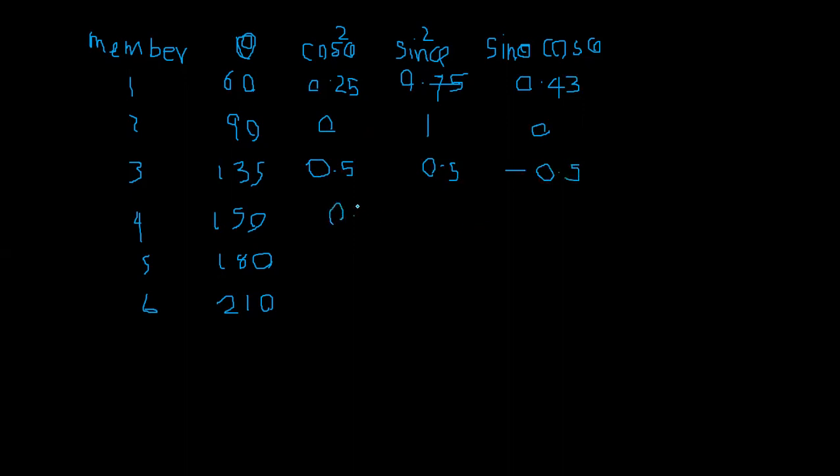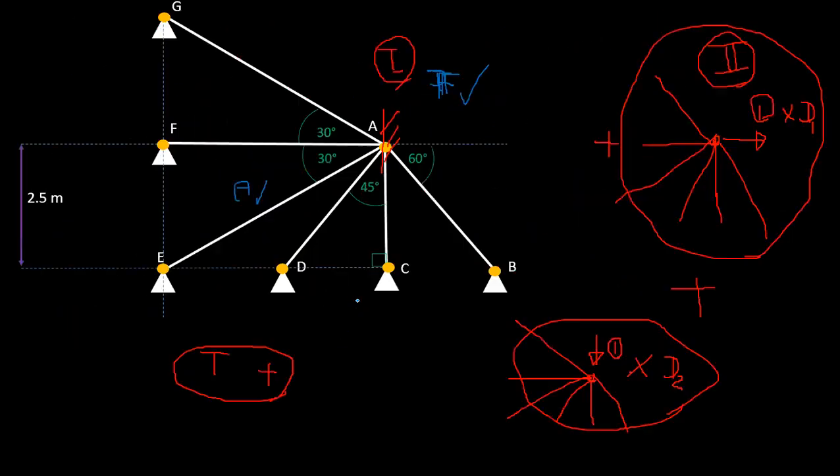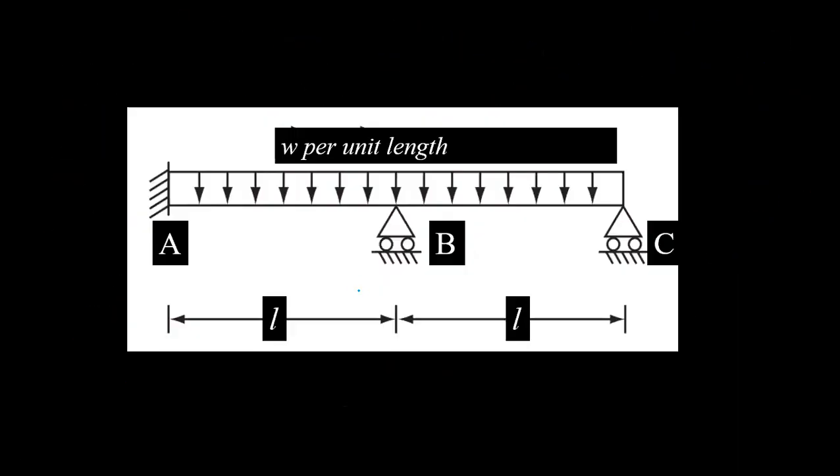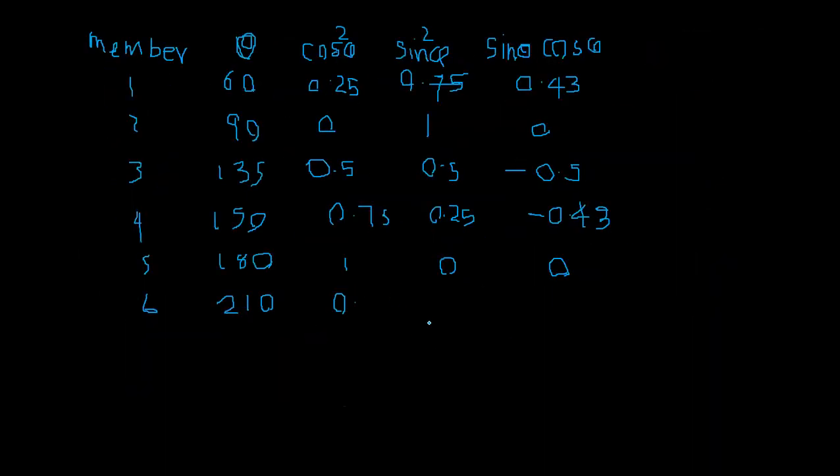Here it is 0.75, it is 0.25, here it is 0.43. Here it is 1, 0, 0. Here it is 0.75. Here it is 0.25. And here it is 0.43. Right?